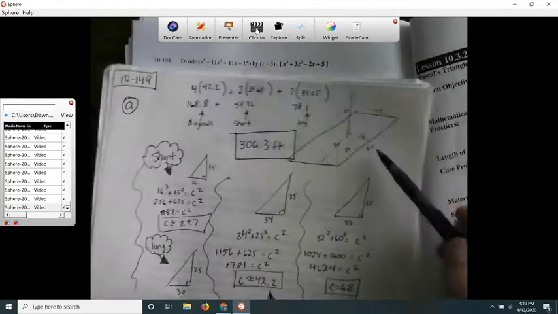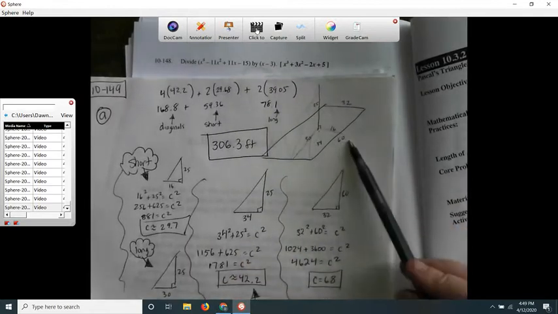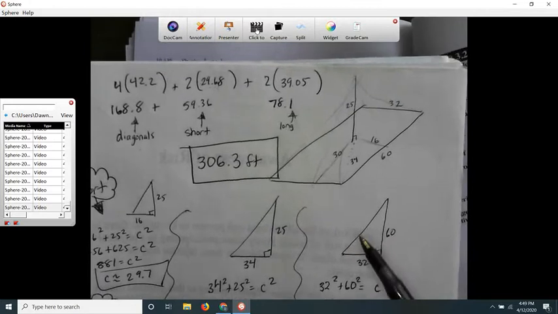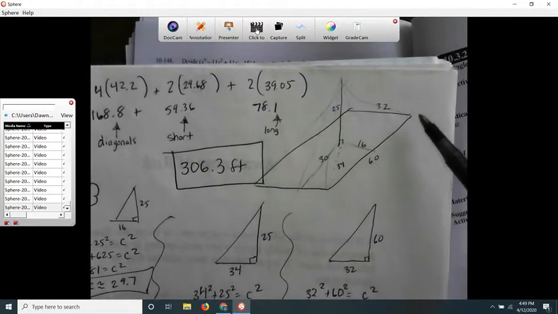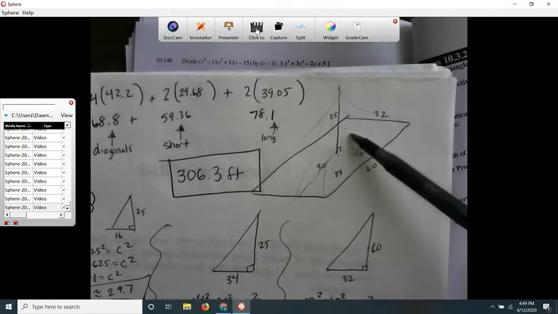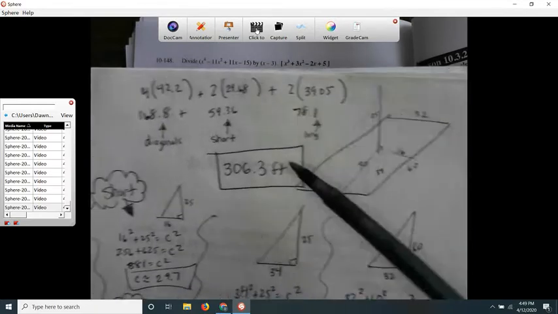I drew a tiny little model of it, and I know that this is 32 and 60, but I wanted to know this diagonal because that would help me find the 4 corner wires.